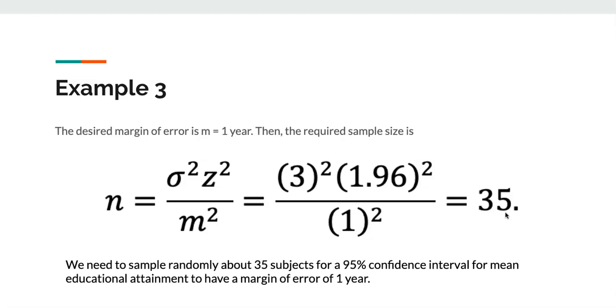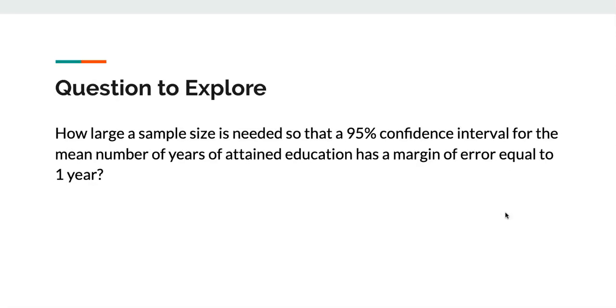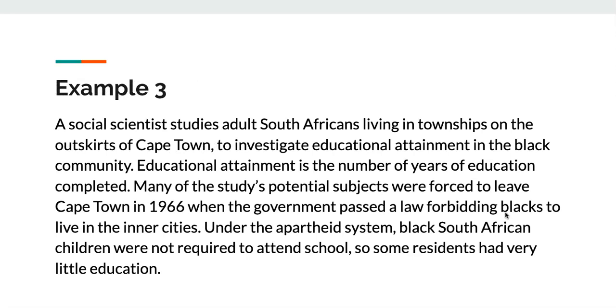So we need to sample randomly, the key is randomly though, about 35 subjects for a 95% confidence interval for mean educational attainment to have a margin of error of 1 year. Now this is powerful stuff, guys. Because look, how many people are in our population? We're looking at Black South Africans in Cape Town?